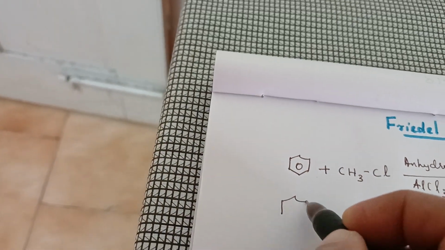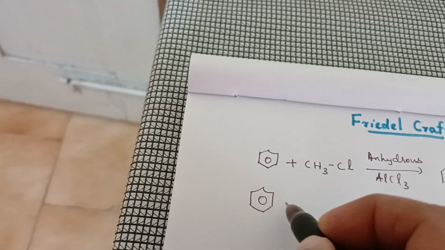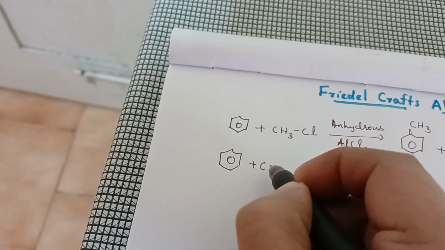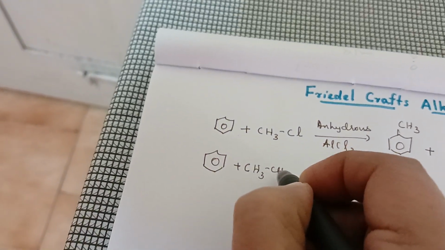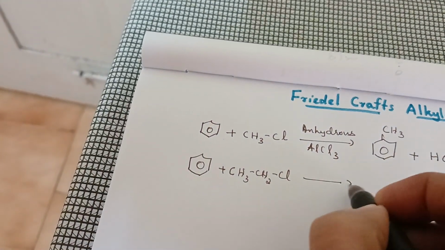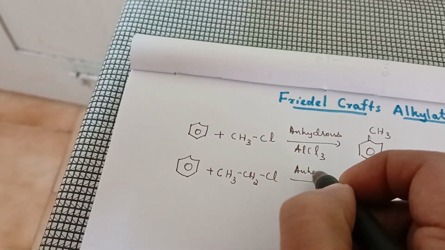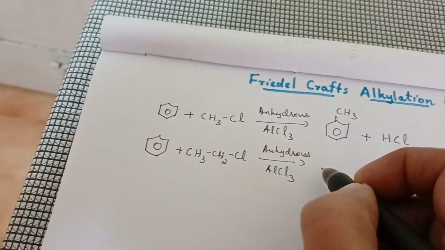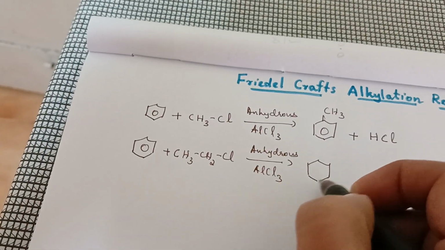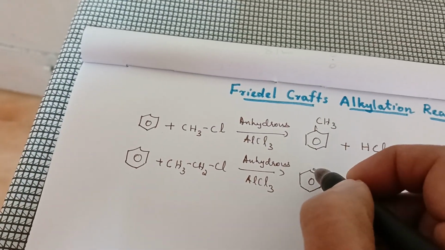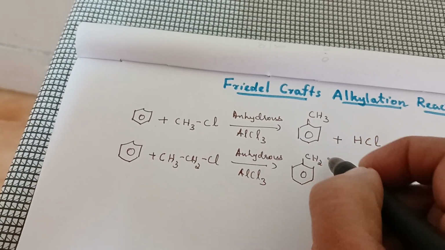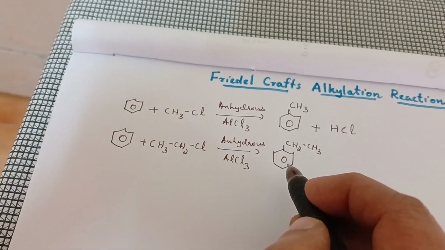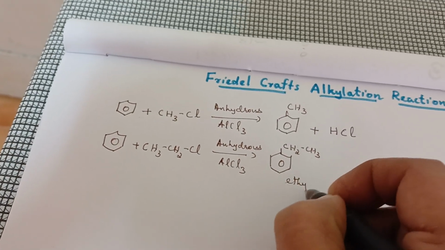Again, we can do one more example. Say benzene plus, let's take CH3CH2Cl, again in the presence of anhydrous AlCl3, will give you CH2CH3 attached onto the benzene ring, that is ethyl benzene.